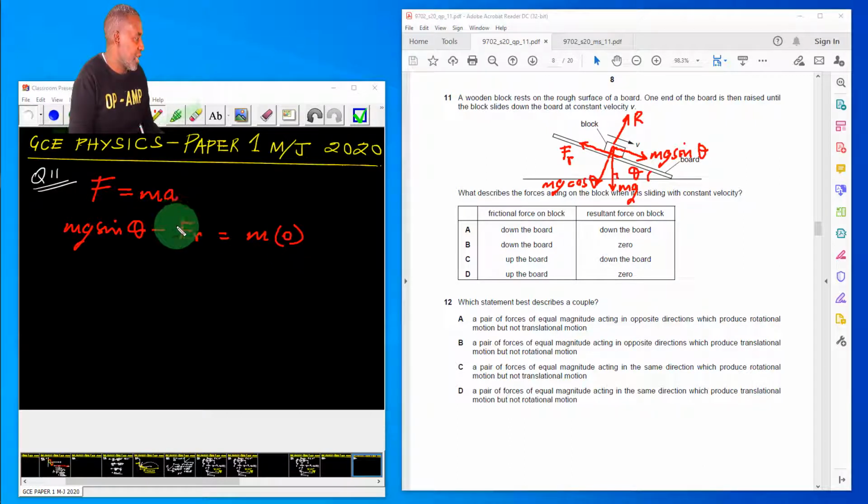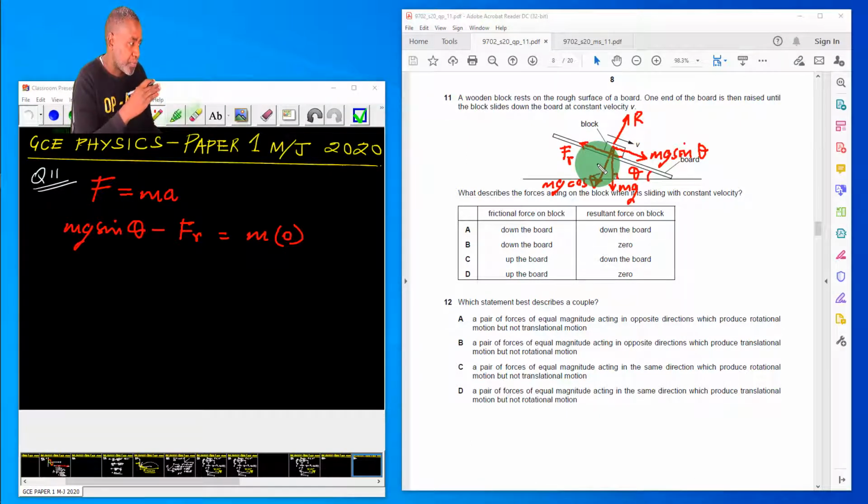In which case, if you bring this one to this other side, you are going to say friction force on this side is equal to mg sin theta, and that is what I've already stated here. Now, that is the information that is required when you are looking at an object moving down an inclined plane which is rough.